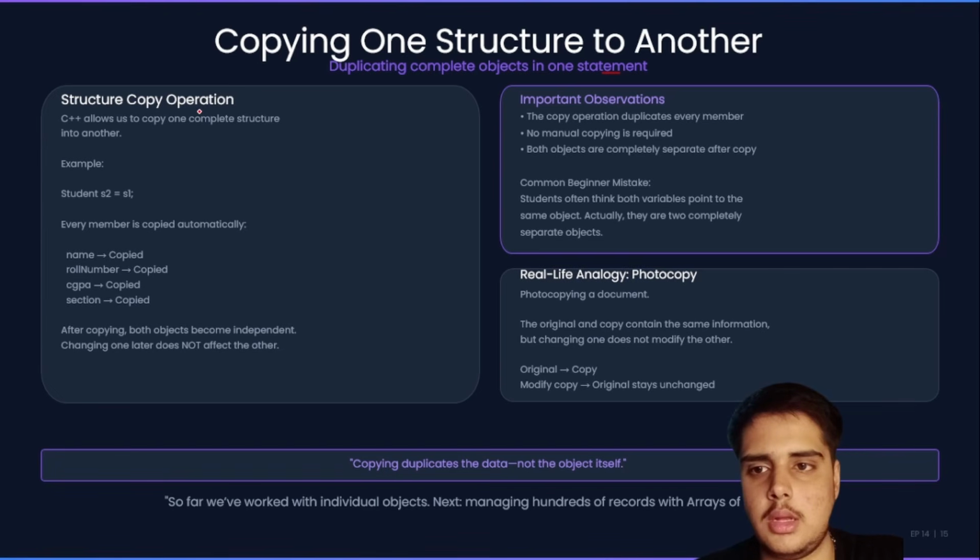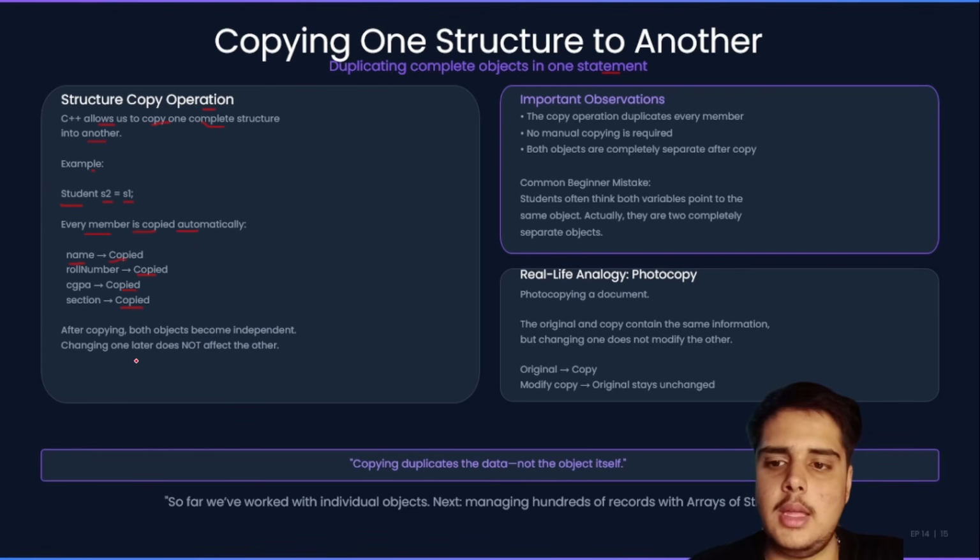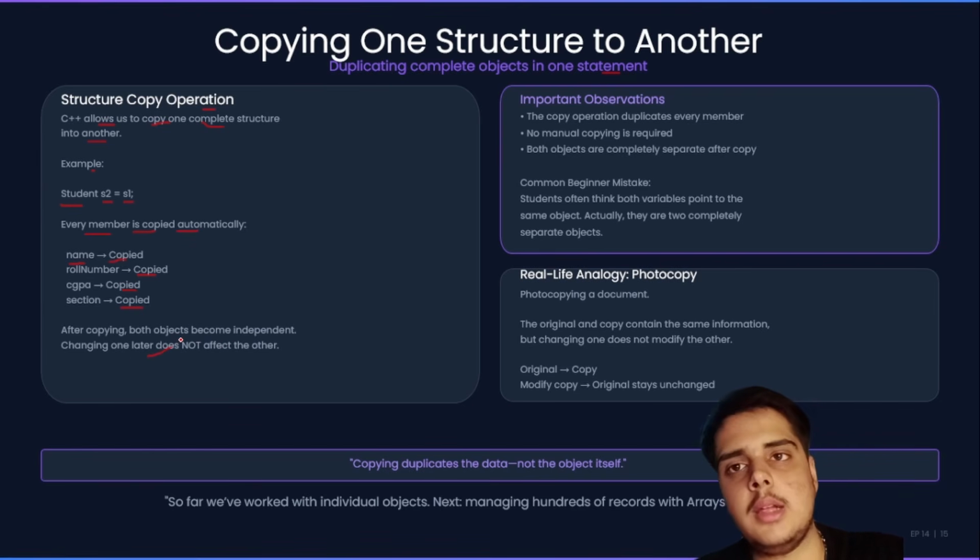In a structure copy operation, C++ allows us to copy one complete structure into another. Example: student S2 is equal to S1. Every member is copied automatically: name, roll number, CGPA, section, everything. After copying, both objects become independent. Changing one later does not affect the other.